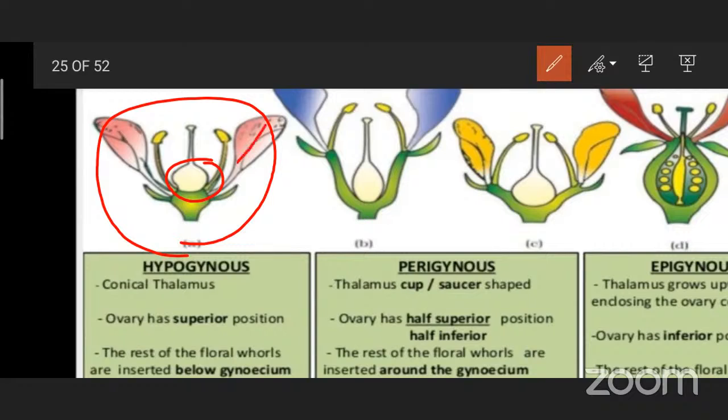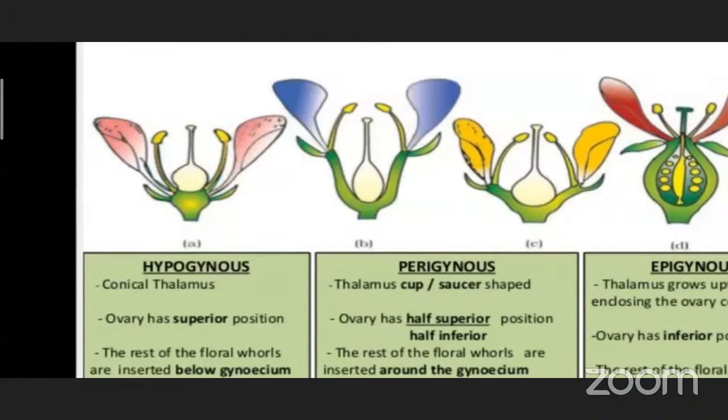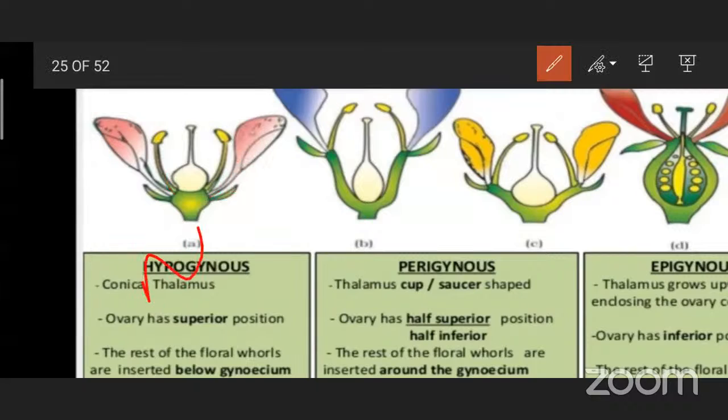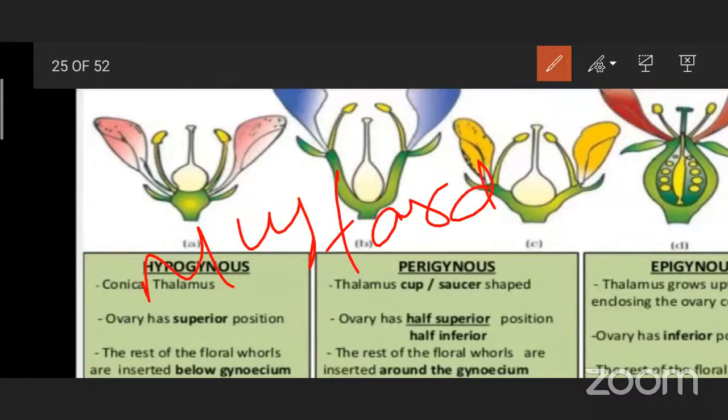See here, these are the other parts: sepals, petals, anthers, and these are the gynoecium. The ovary in such flowers is said to be superior. Example, mustard. In Telugu, avalu, mustard.